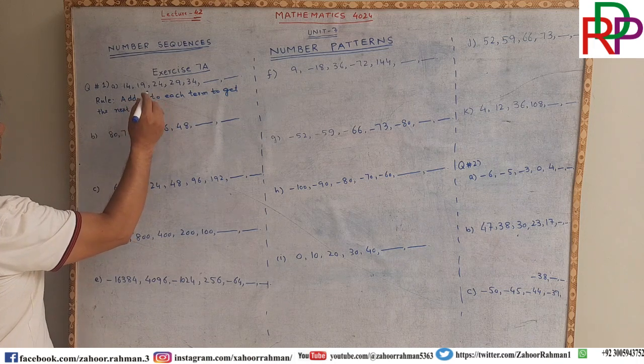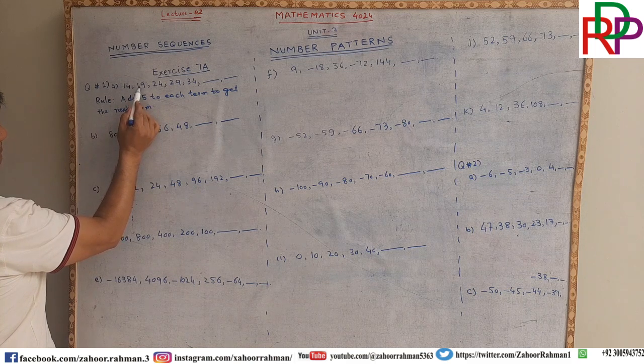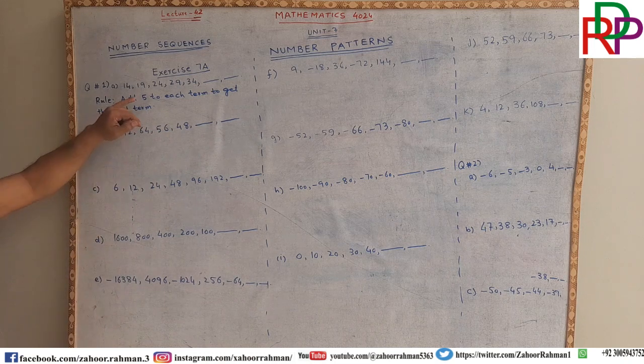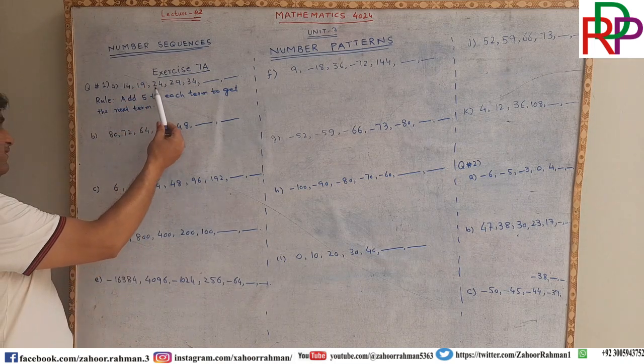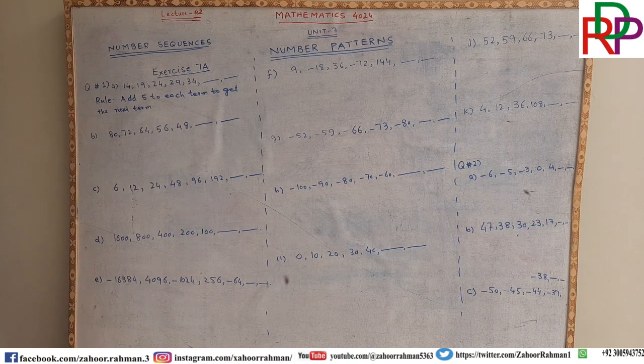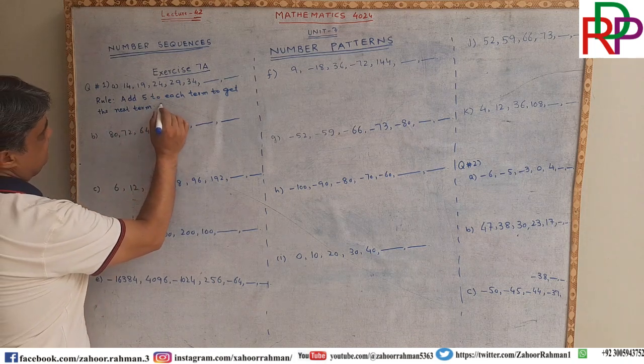Yes, adding 5 to 14, we get the next term, that is 19. If we add 5 to 19, we get 24. Similarly, adding 5 to 24, we get 29. So the general rule is: add 5 to each term to get the next term.